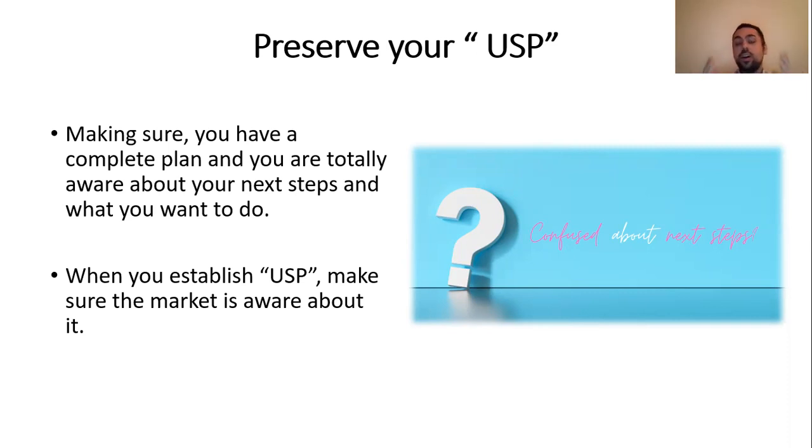In other words, you leave an expired idea for your competitors and you move to the next stage and present something new. What they wanted to use is an expired idea for you. So in this situation, you can keep and preserve your USP.